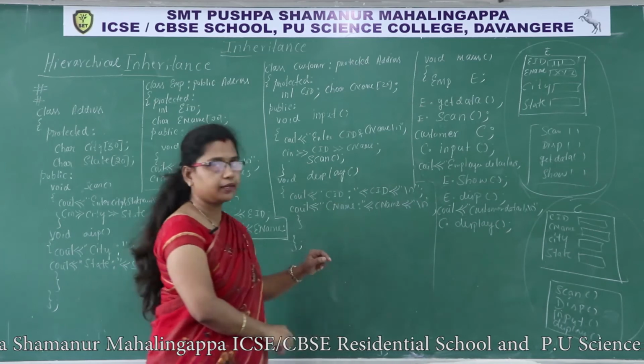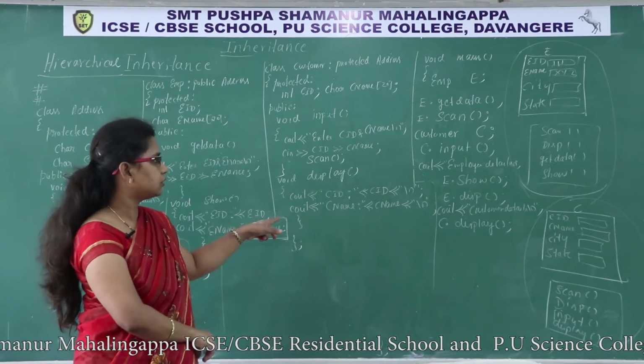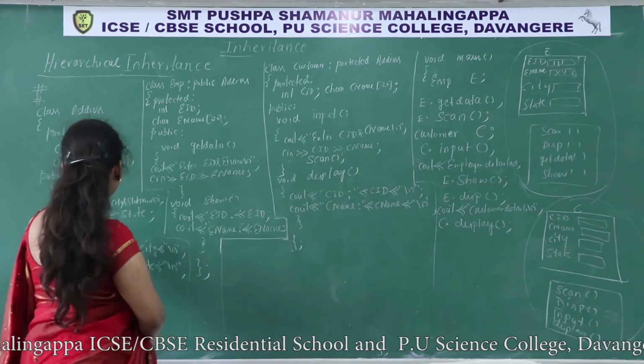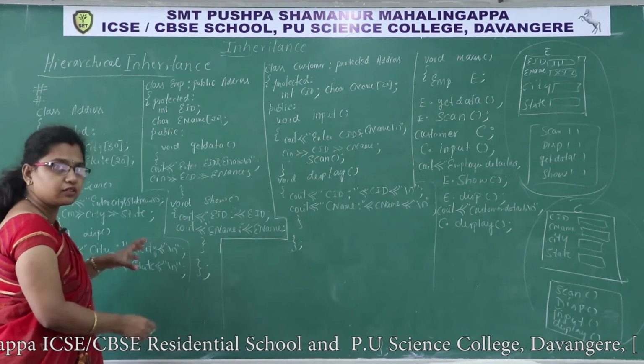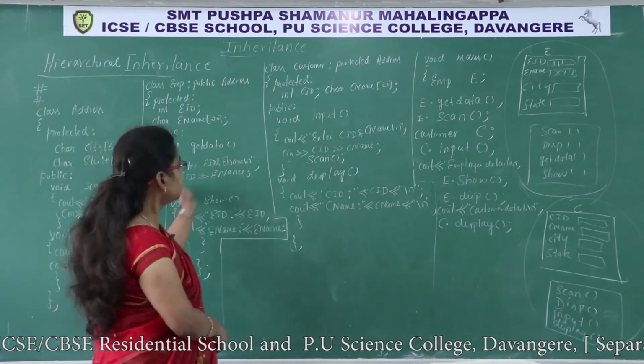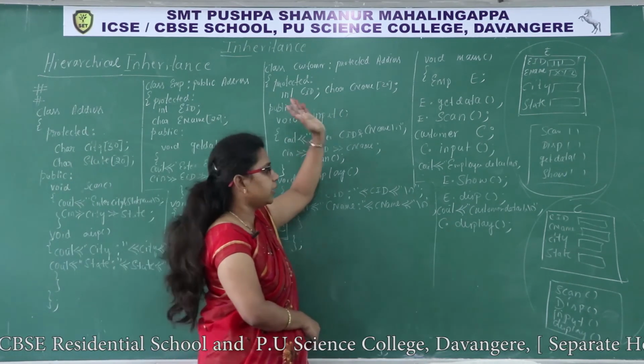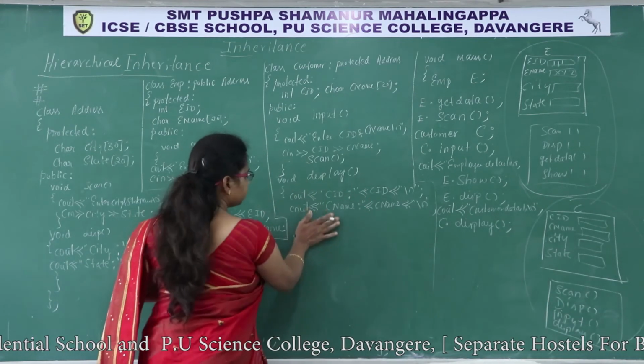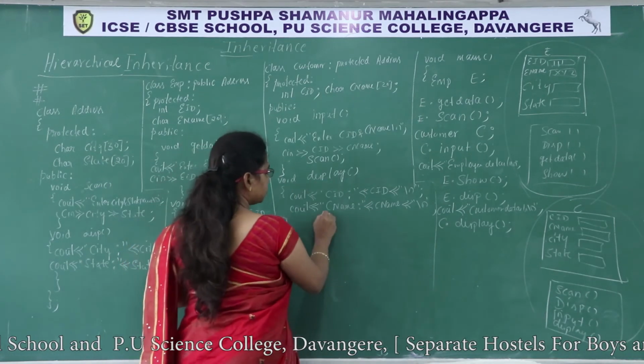Now I want to display the customer address. Which function is there to display the address? The disp function is there. Just now I explained that the disp function belongs to the protected section, so I cannot write C dot disp here. So I have to call it from the display function, disp.